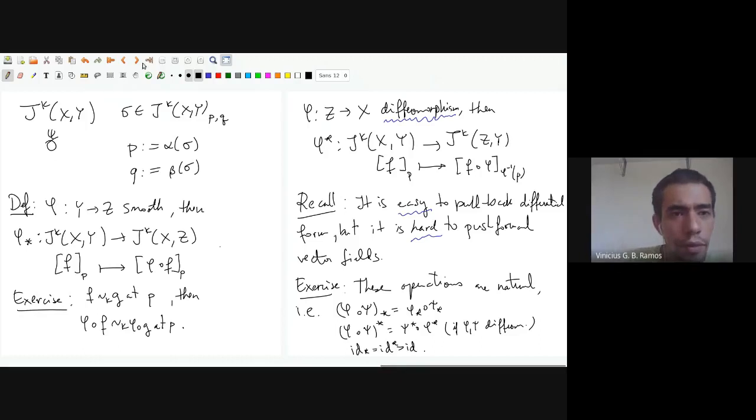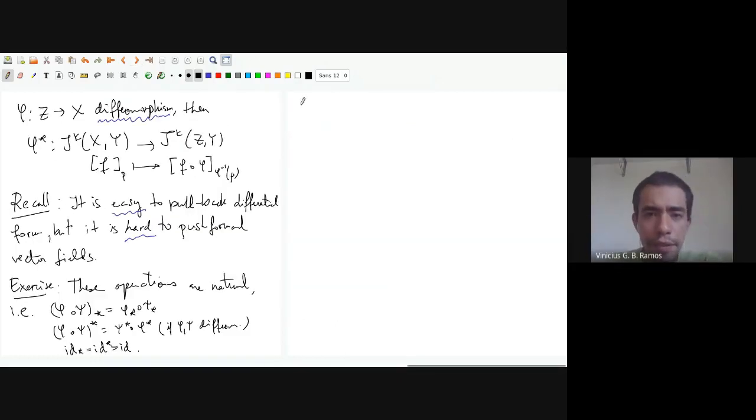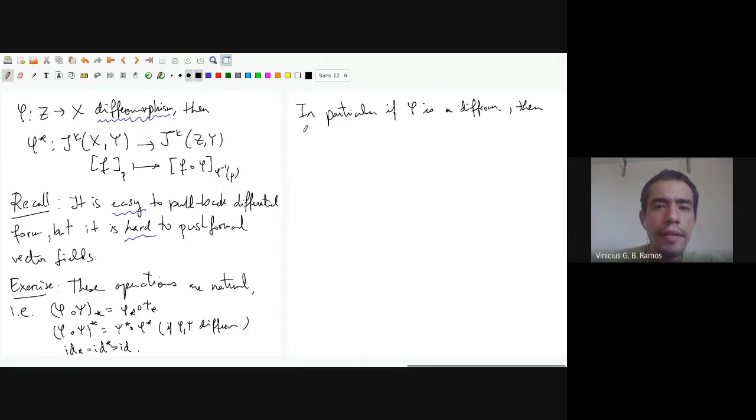So in particular, if phi is a diffeomorphism, then both phi star, both the pullback and the push forward, are bijections.